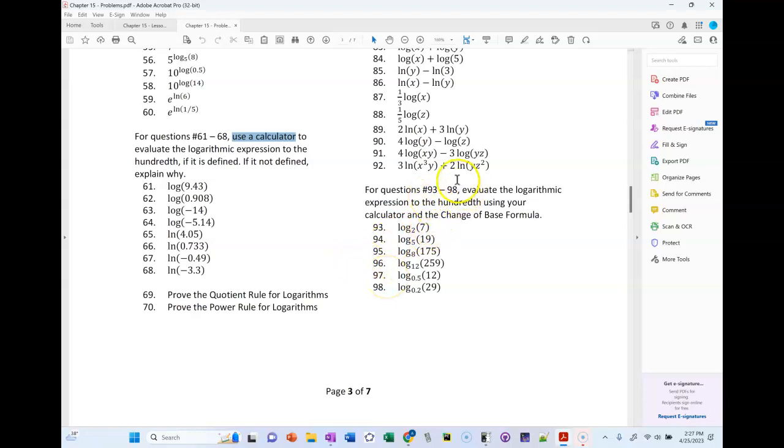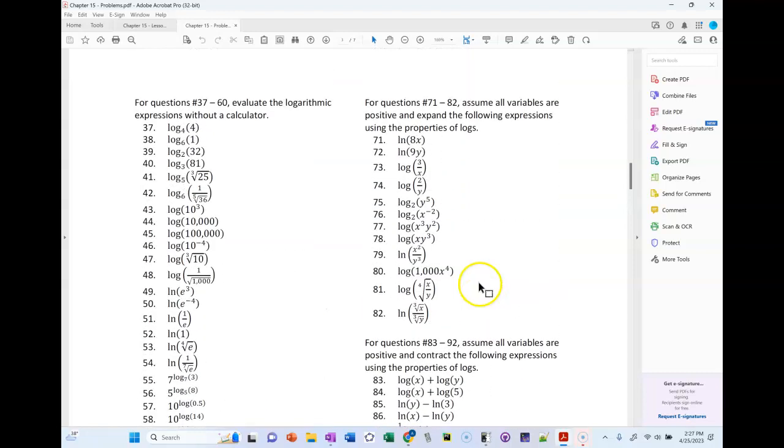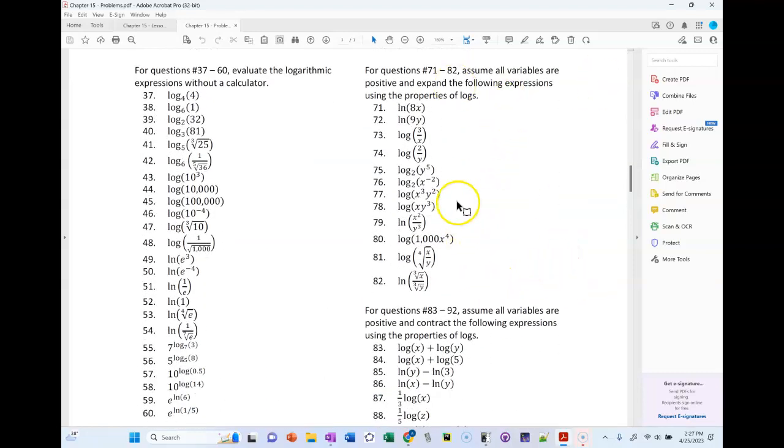Look at 93 through 98. Using your calculator. And the last problems are just these expand and condense problems that we've just got done practicing that were not tremendously time consuming. They're like one-liners, right? Yes, it's going to take you a second to get started. But after the first 2 or 3 of these, they should be down to 30-second or less problems.